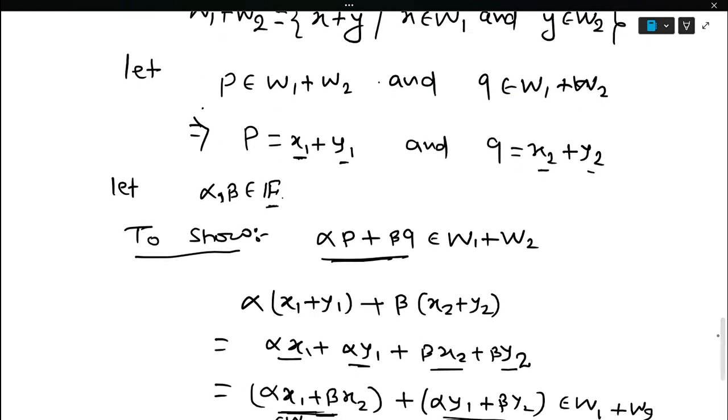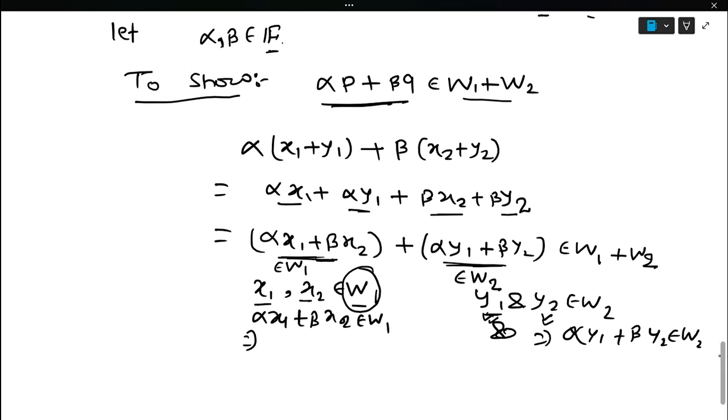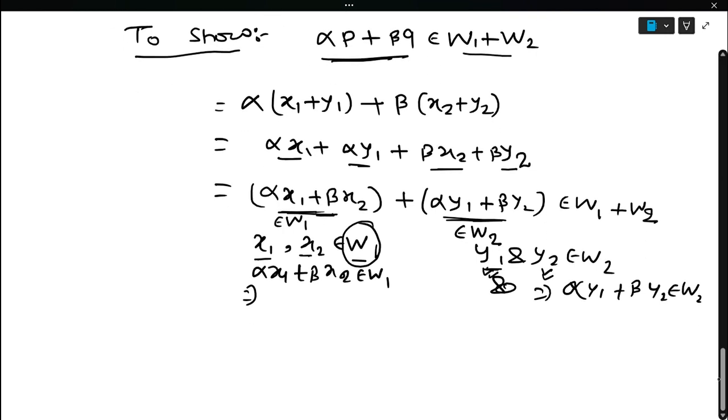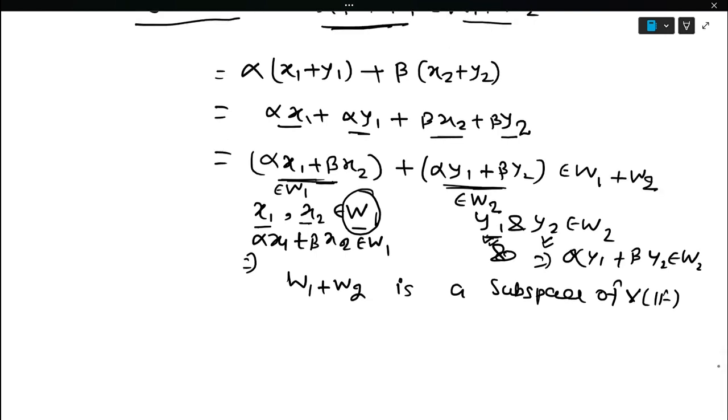We have proved that alpha p plus beta q belongs to W1 plus W2. This implies W1 plus W2 is a subspace of V over F.